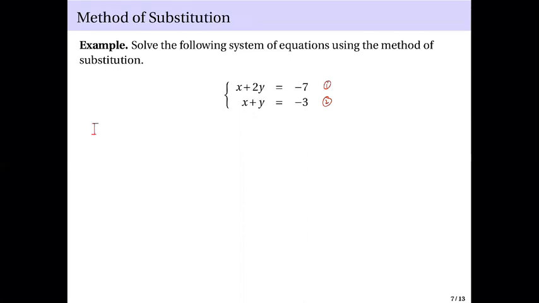So in equation 1, we can isolate again x on one side of the equation and everything else on the other side. So in equation 1, we will get the equation x equals minus 7 minus 2y. Okay? So minus 7 minus 2y.